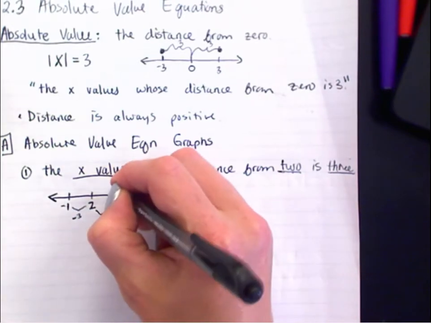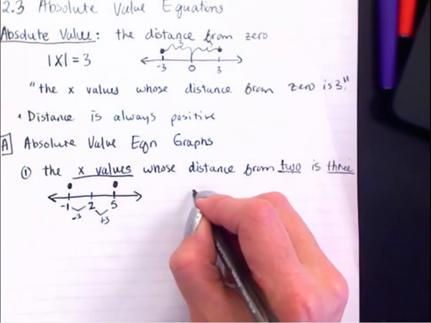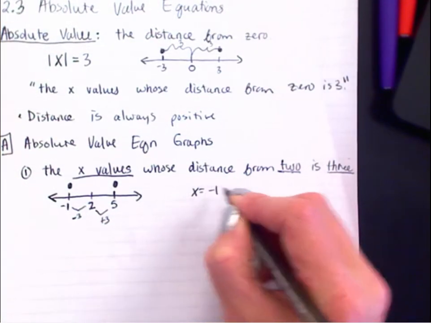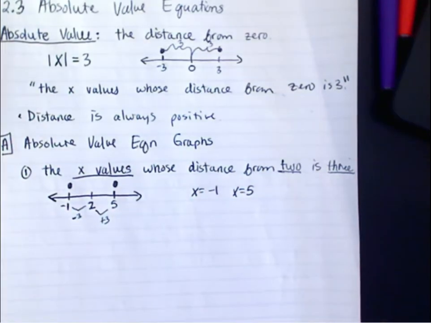So the solution, what are the x values whose distance from 2 is 3? X equals negative 1 and x equals 5. There are two solutions to this. Notice the symmetry. Absolute value is symmetric, not always around the origin. It can move around.